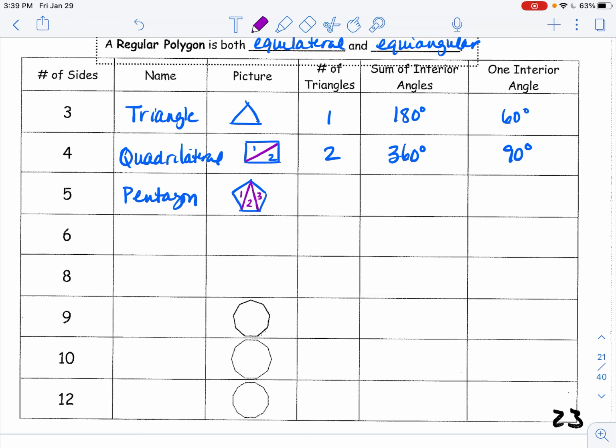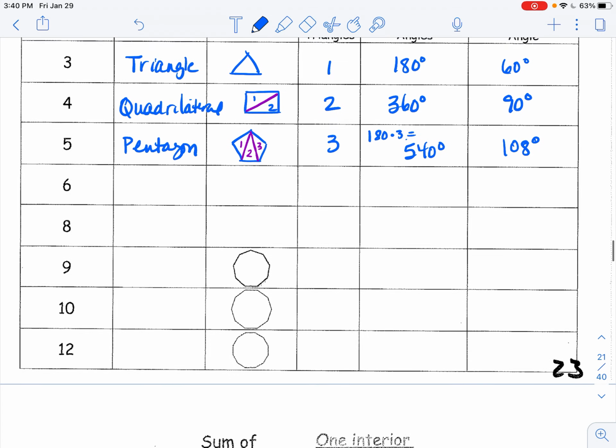And this guy on the side would make 3. So I would have 3 triangles. That's 180 times 3, which is 540. And if I divide that by the 5 angles, that would give me 108 degrees for each angle.